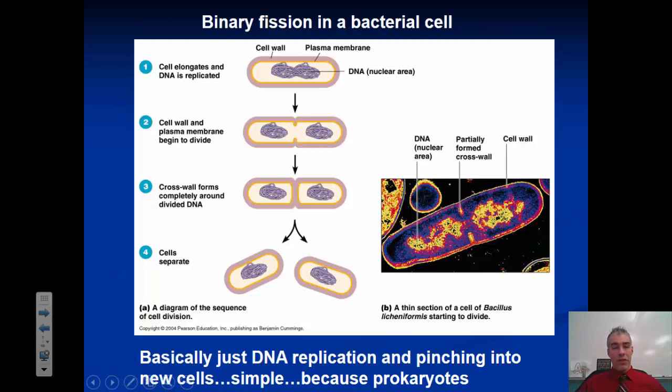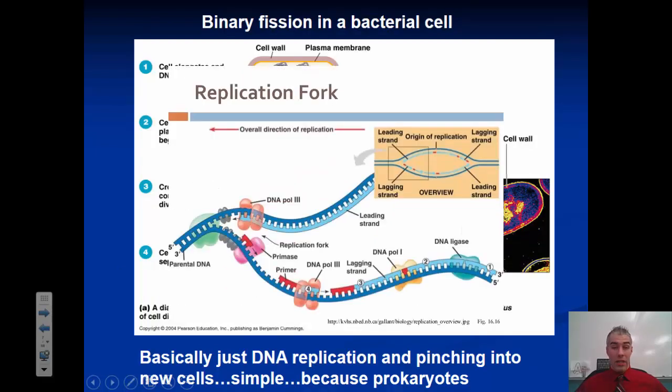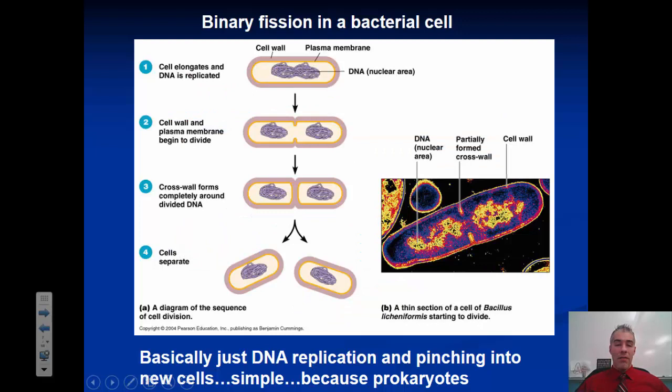So this is showing you binary fission. Notice the DNA is replicated through that same process we talked about when we went through DNA replication, right, with helicase and ligase and primase and all those things. It copies itself, and then the cell wall of the bacteria will split down the middle. It'll form a new cell wall between them, and eventually we'll create two separate cells.